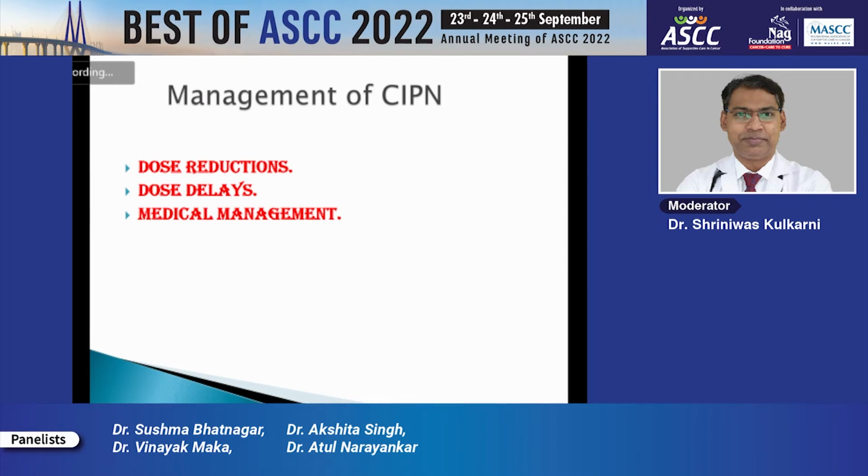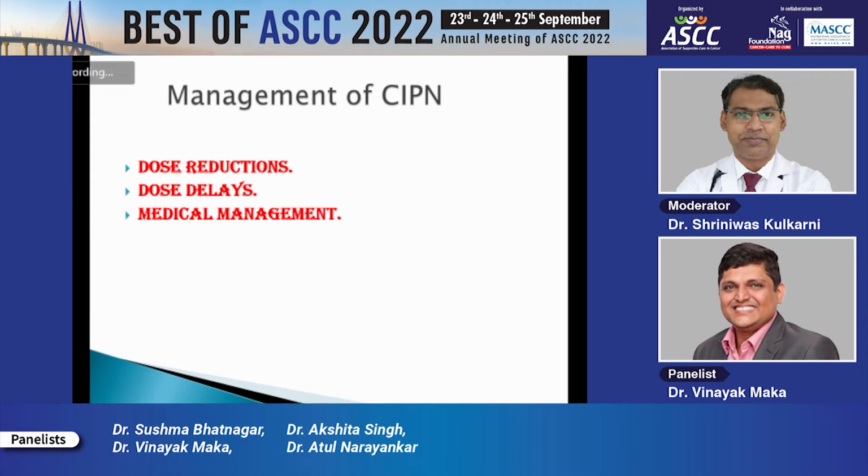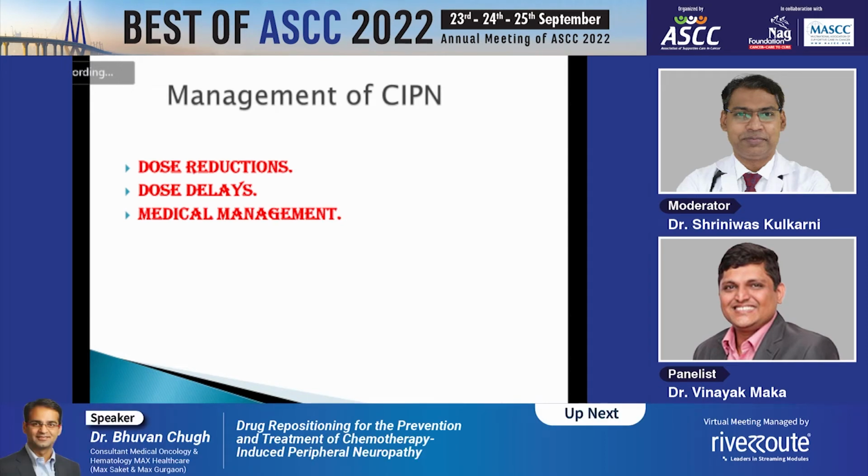Next slide, please. So these are the various strategies of managing CIPN: dose reduction, dose delays, and medical management. Vinayak sir, how do you proceed in your practice whenever you anticipate such CIPN? Actually, there are not many preventive measures we can start, but we have to be very alert. We should be very judicious in asking the patients. So dose reduction I do, and especially with oxaliplatin, we increase the duration of infusion.